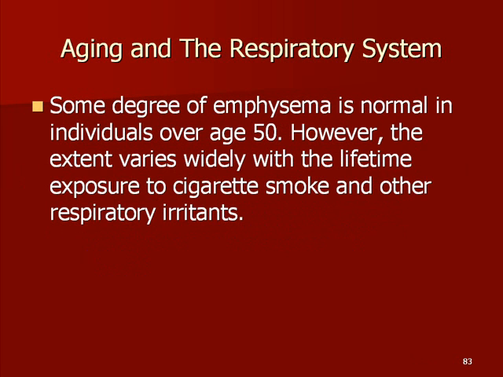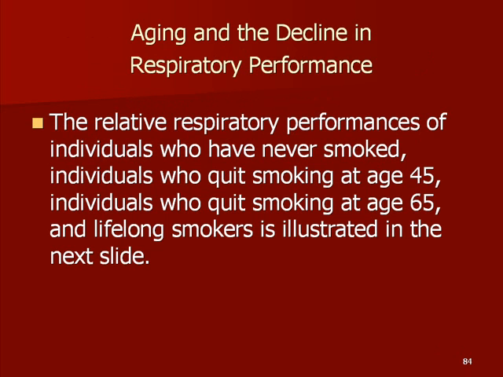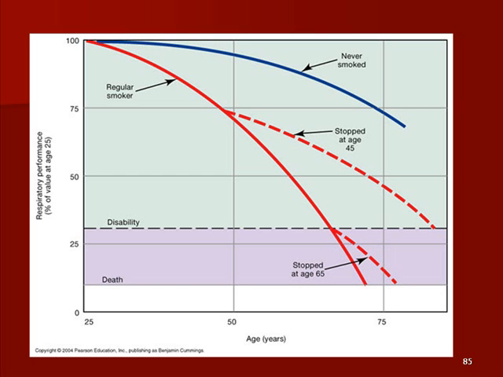Some degree of emphysema is normal in individuals over 50. However, the extent varies widely with the lifetime exposure to cigarette smoke and other respiratory irritants. The relative respiratory performances of individuals who have never smoked, individuals who quit smoking at the age of 45, individuals who quit smoking at the age of 65, and lifelong smokers is illustrated in the next slide.